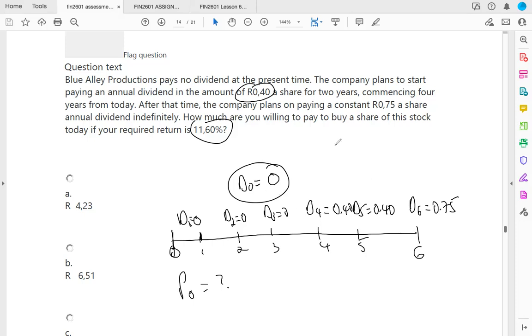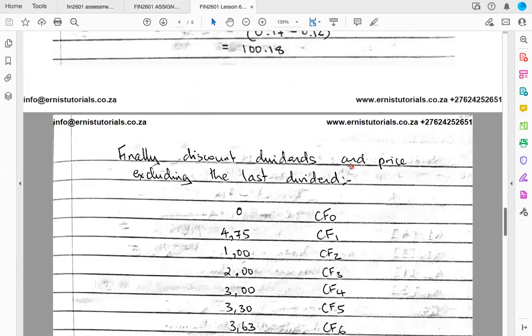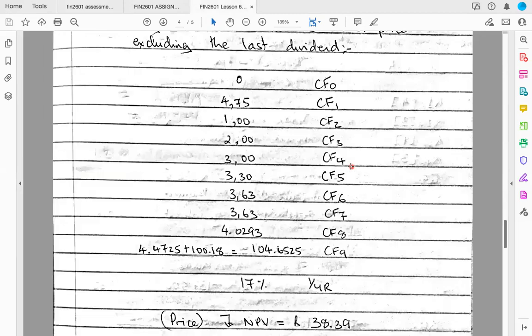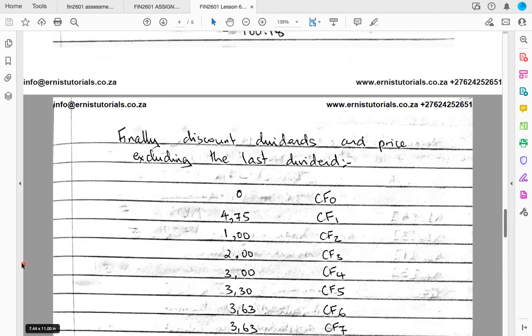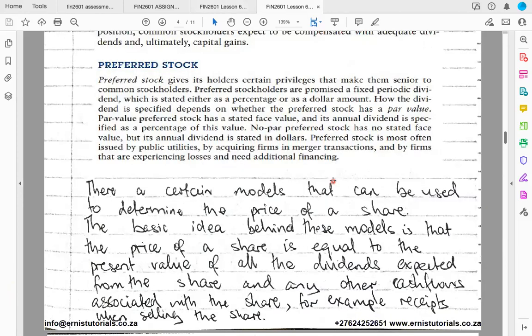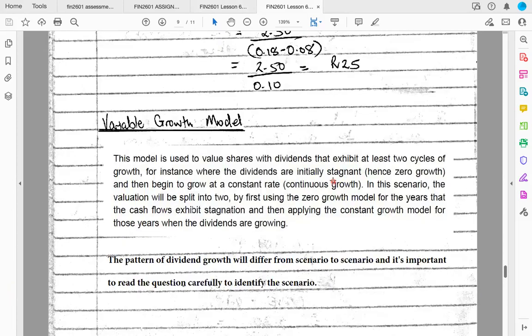So you see, this is exactly like that question we looked at before, whereby you simply follow the following steps. Just see if I can open those steps that we have, whereby you simply calculate your dividends for each future year, and then you determine the price of the share in the year just before constant growth.